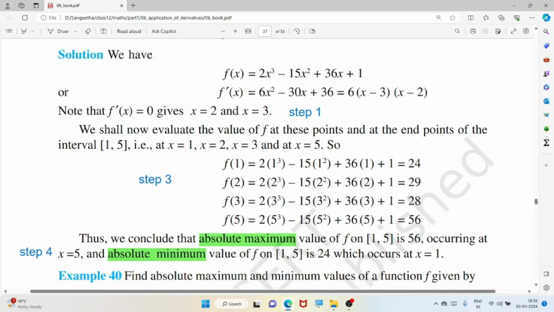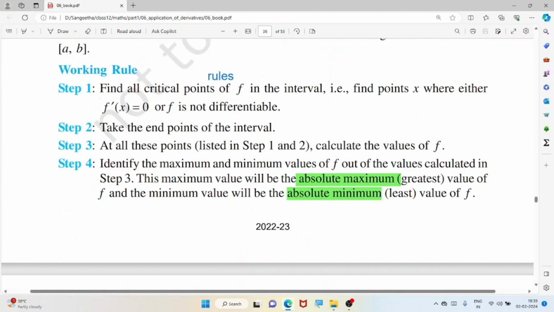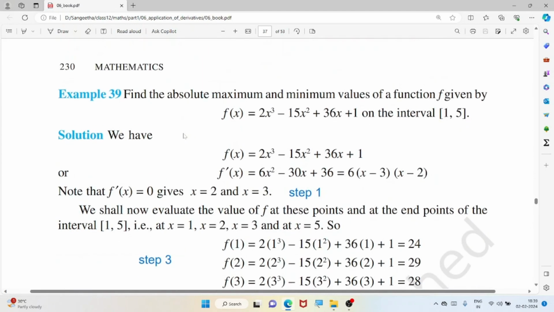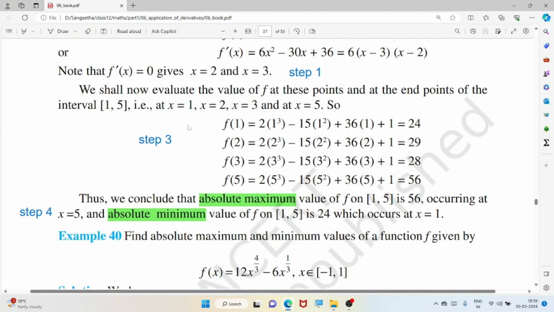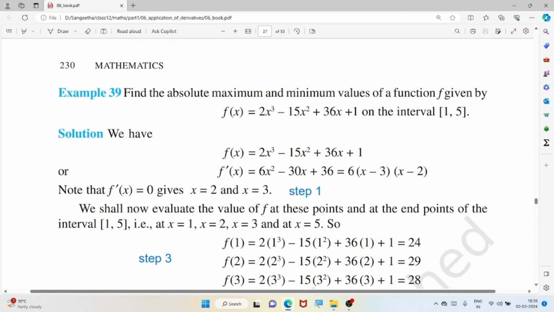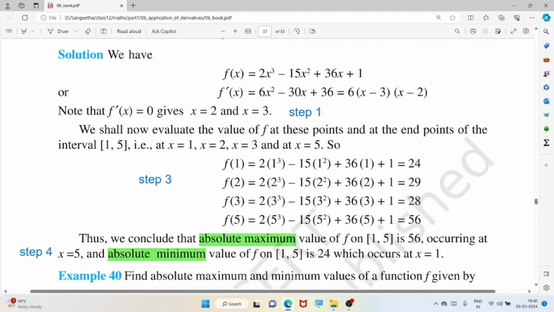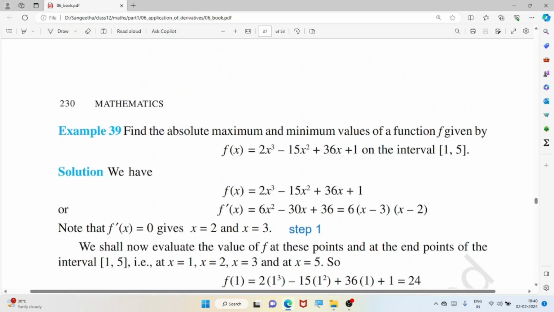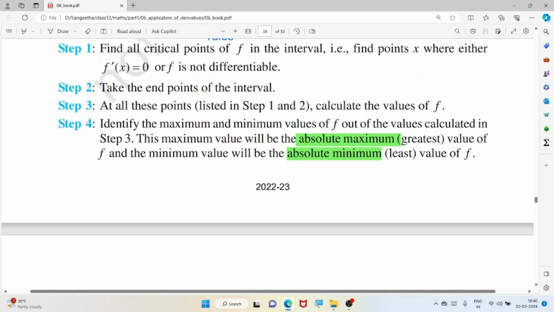Then in step 2, what they are asking is to take the endpoints of the interval. Here, 2 and 3 are the critical points, and 1 and 5 are the endpoints of the interval they are asking about. Okay, so between the endpoints we have 1, 2, 3, 5. Now you find the values at all these points.